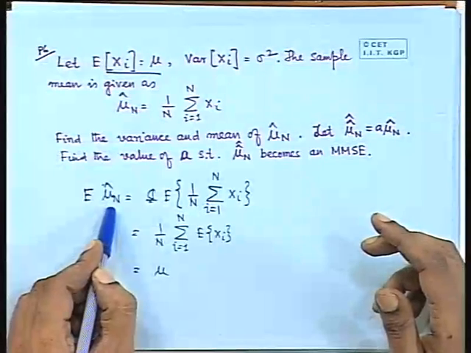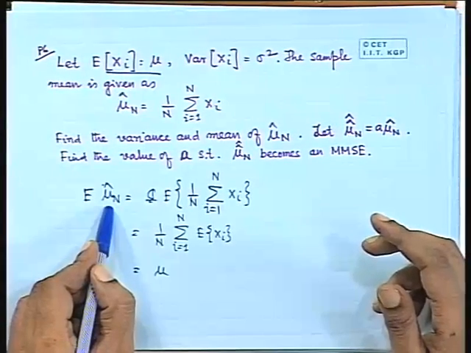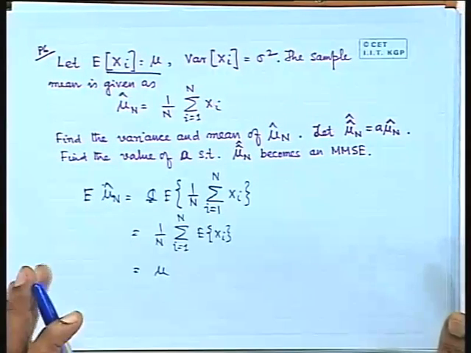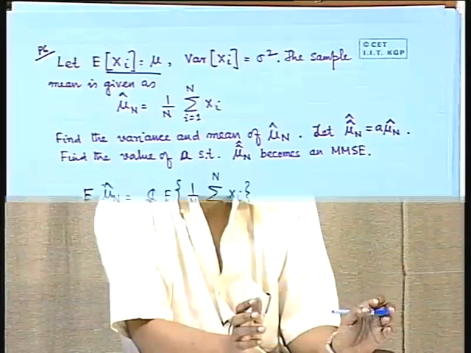So it turns out that the expectation of this random variable at least matches the distribution mean. Such estimators are called unbiased estimators. So that is one good thing. Now you will say that mean matching does not have much value.